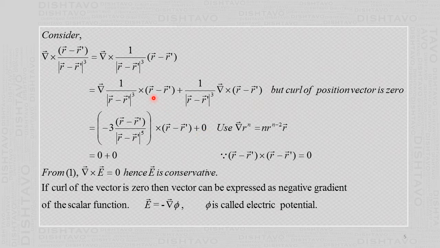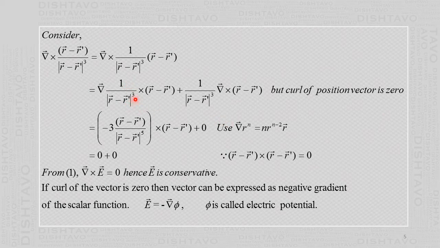Then for the first term, cross r minus r dash gets multiplied here, and the gradient of r raised to n is n r raised to n minus 2 vector r, and this again we have proved in the first chapter, vector analysis of section 1. So in this case, it is a del of this term. We can write it as modulus of vector r minus vector r dash raised to minus 3.